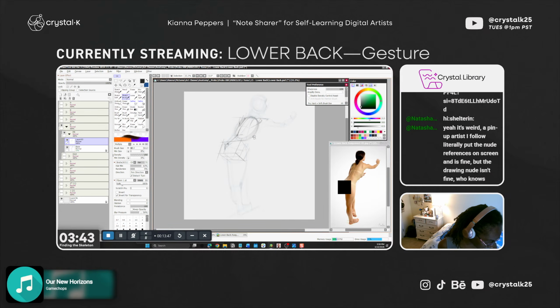That's where it swoops back up. Okay, I think I found most of your rib cage, darling.